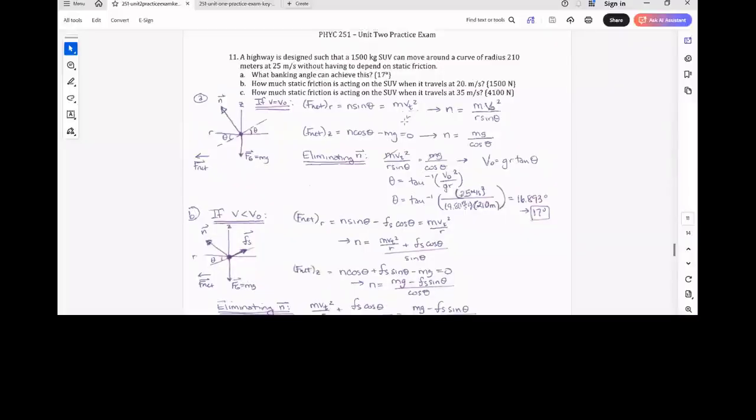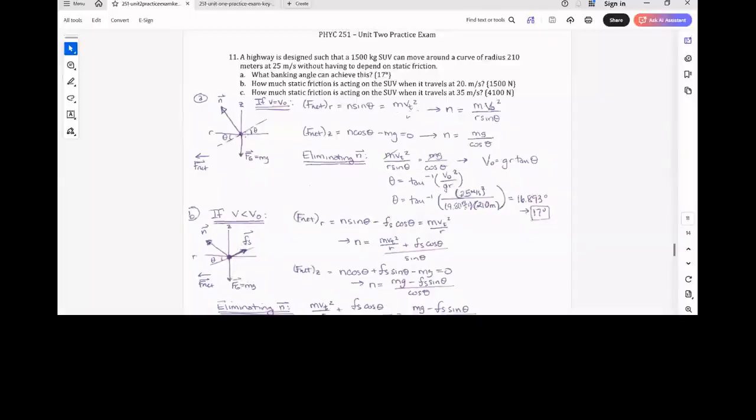That has to be equal to m v tangential squared over r. But if I solve this expression for the normal, I get m v0 squared over r sine theta. And I changed the subscript here because we're looking for this special case where the tangential speed is equal to v0.